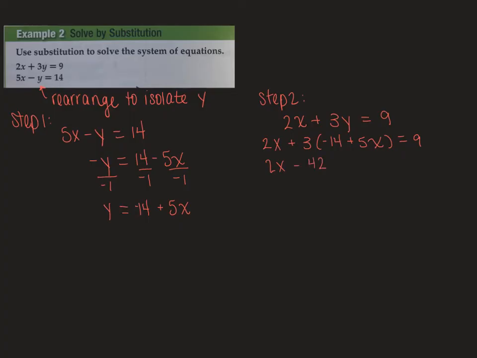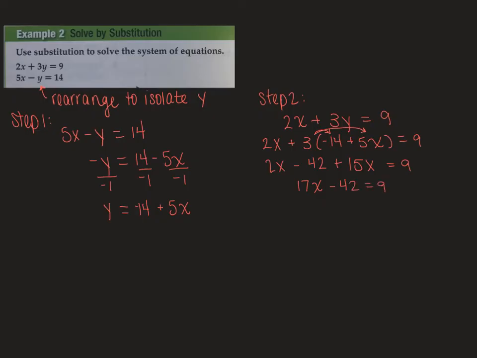And then we have 3 times 5x. So you just make sure you distribute to both. We did our 3 times negative 14, we got our negative 42, and then 3 times 5x, we get 15x. All right, some basic algebra skills, combine your like terms. So we have 17x minus 42 equals 9.